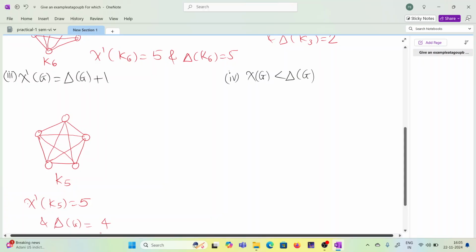If we add 1 to delta G, 4 plus 1 will be 5, and chi dash of G is equal to delta G plus 1 will be satisfied for graph K5. So K5 is an example for chi dash of G is equal to delta G plus 1.